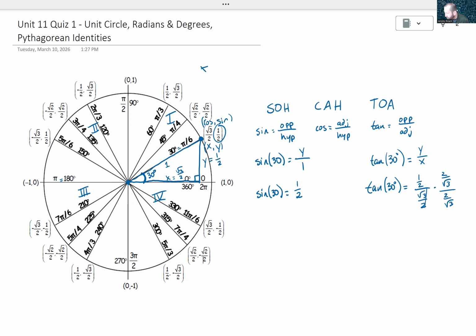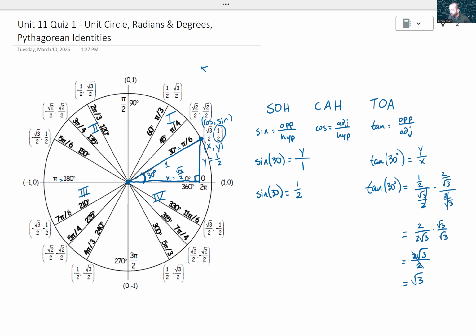That becomes 1 on the denominator of our complex fraction. Then we get 2 over 2√3, and then we would multiply by √3/√3. I'm just showing you some basic calculations of what we would do to rationalize the denominator and get rid of the square roots. That's what this last part is.